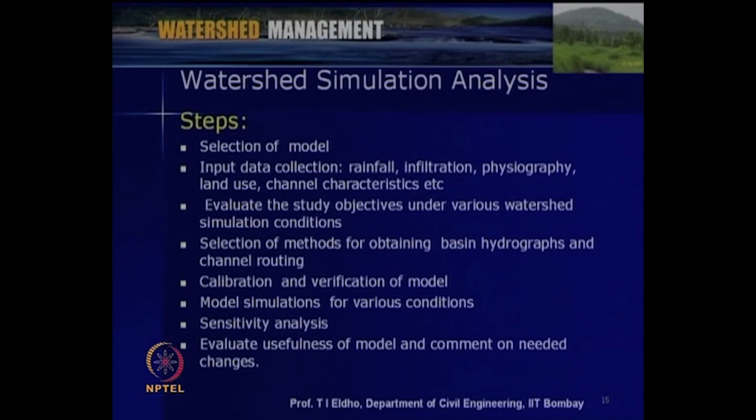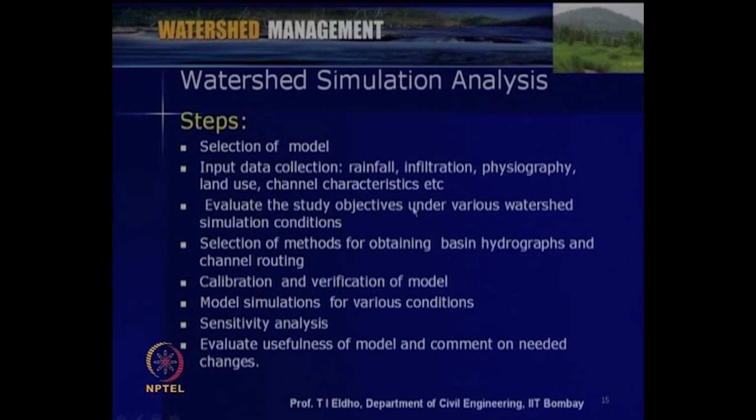So, the first step is selection of the model. This depends upon the various assumptions and what type of objectives we are setting. Then the next step is input data collection, like rainfall, infiltration, physiography, land use, channel characteristics, etc. We have to get the input data.